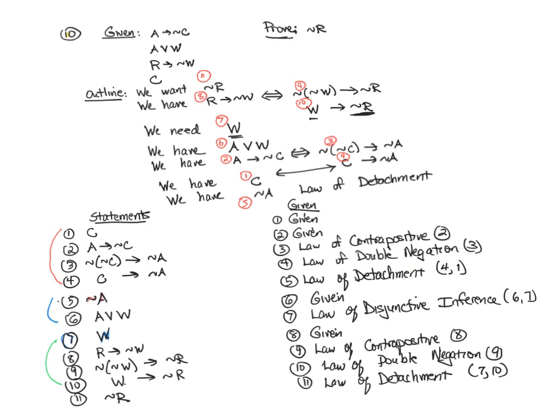The law of detachment has one version, and it says if a conditional is true and its antecedent is true, then its consequent must be true. So I like this proof at the end because it combined a little bit of everything, reinforcing those 2 laws, the law of disjunctive inference and the law of detachment.